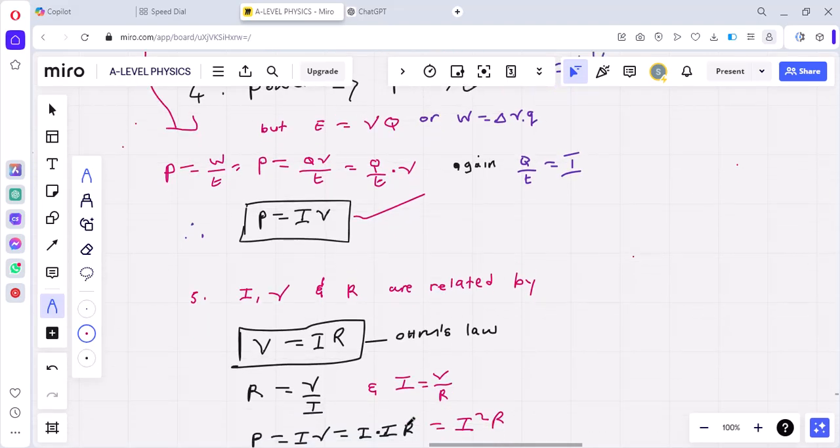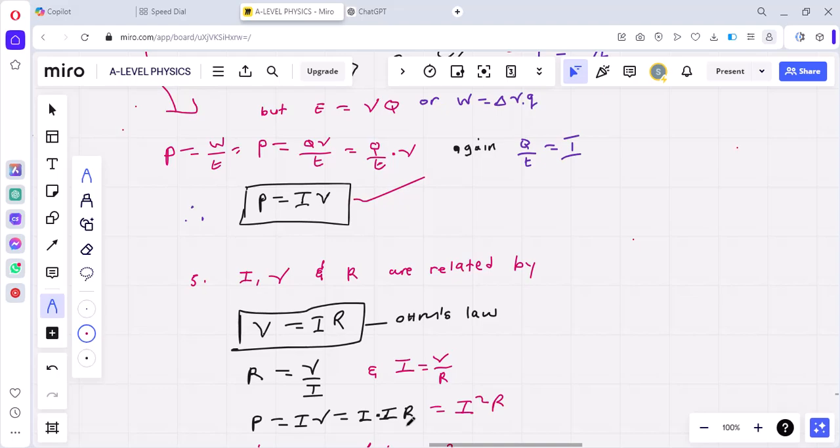So Ohm's law states that the current through the conductor is directly proportional to the potential difference across two points of the conductor, provided the resistance remains constant, because resistance changes with temperature. So in this case, we can also say current is directly proportional to the voltage across two points of the conductor, provided the temperature remains the same.